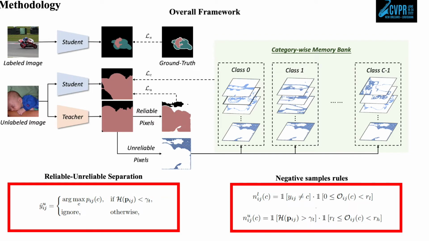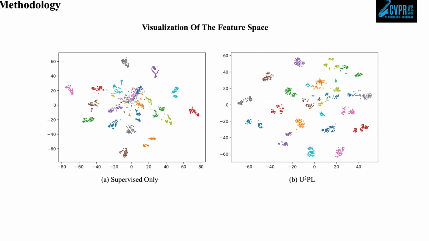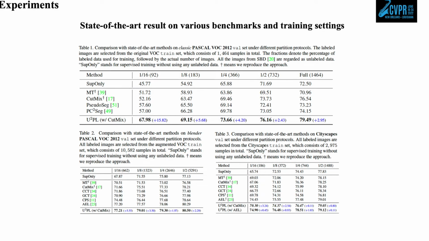Such a design ensures that the number of negative samples for each class is balanced. This figure gives a visualization of the feature spaces learned by our method and its supervised counterpart. Experimental results on various benchmarks and training settings demonstrate the superiority of our approach over the state-of-the-art alternatives.